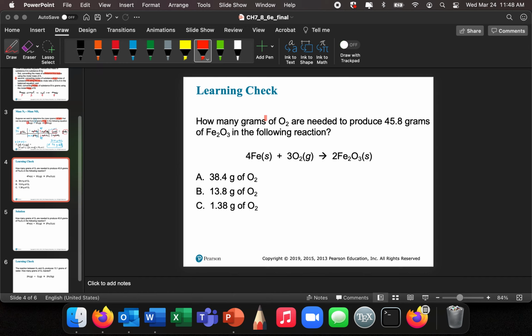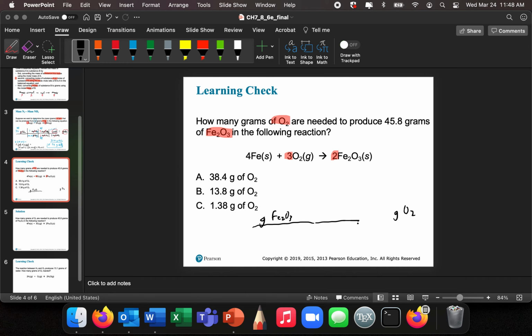Okay, I'm going to suppose that you paused it, and I'm going to say, first of all, oxygen and iron 3 oxide are there. Those are my ratios there. I'm asking how many grams are needed to produce. So I've got grams of O2, and I was given grams of Fe2O3.